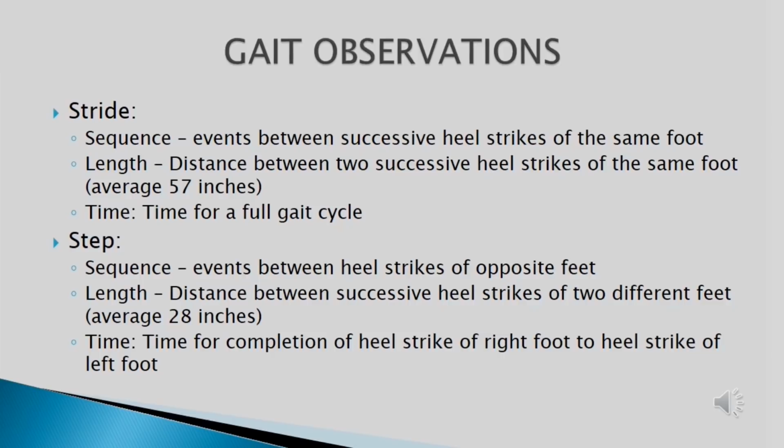They should average 57 inches. And many times, depending upon the lower extremity pathology, the stride length of one lower extremity will be normal, and the other lower extremity will have a shortened stride length. We can also look at the stride timing and analyze the time for a full gait cycle.